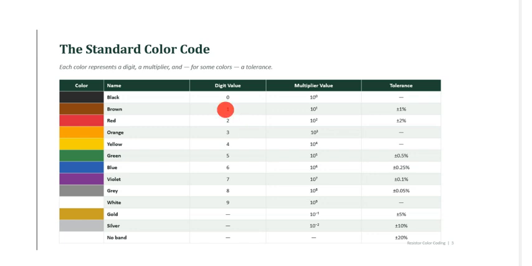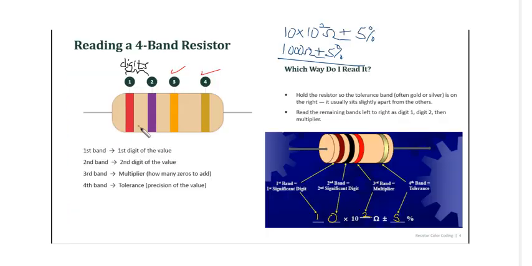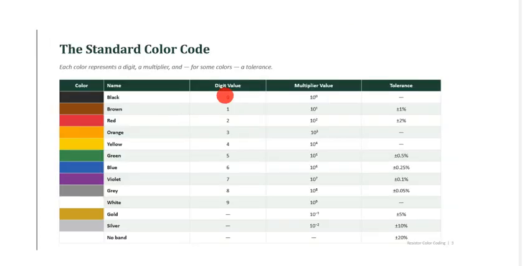Any color can act as a digit, as a multiplier, or as a tolerance, based on the arrangement of colors on the resistor. Black can act as a digit, black can act as a multiplier, but black does not act as a tolerance. Same thing goes for orange. Orange can act as a digit, as a multiplier, but not as tolerance. Also yellow and white.